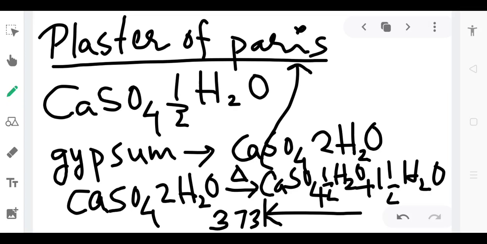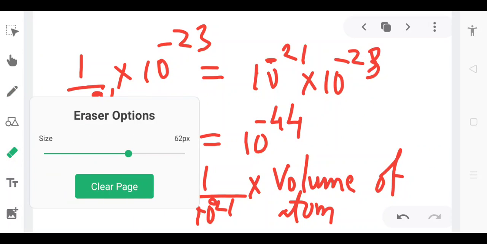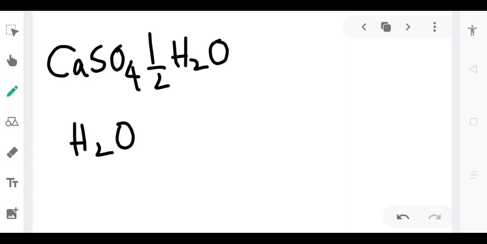So generally, in the formula of calcium sulfate, which is plaster of Paris, we have written CaSO4 half H2O. What is the meaning of half H2O? Are we breaking a water molecule into half? That's not the meaning.